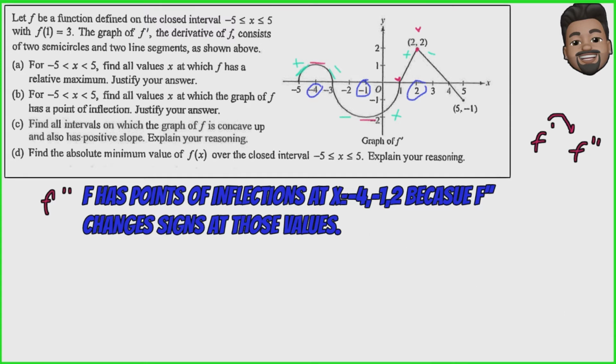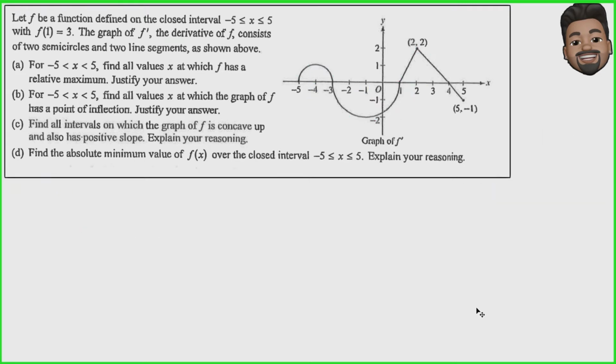Let us go ahead and go to part C. Part C, find all the intervals on the graph of f on which the graph of f is concave up and also has positive slope. So essentially, if we're going to have positive slope, that's saying that we need f prime to be positive, and to be concave up, we need f double prime to be positive also.